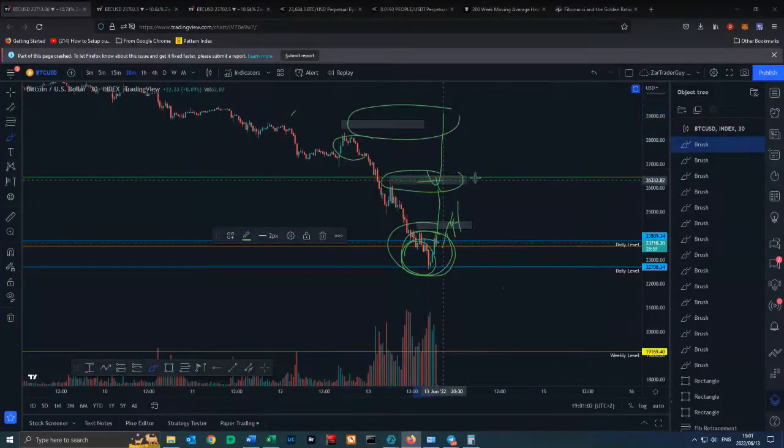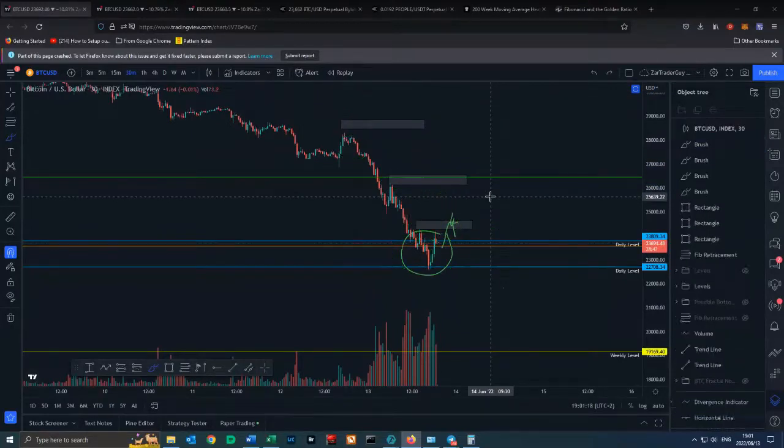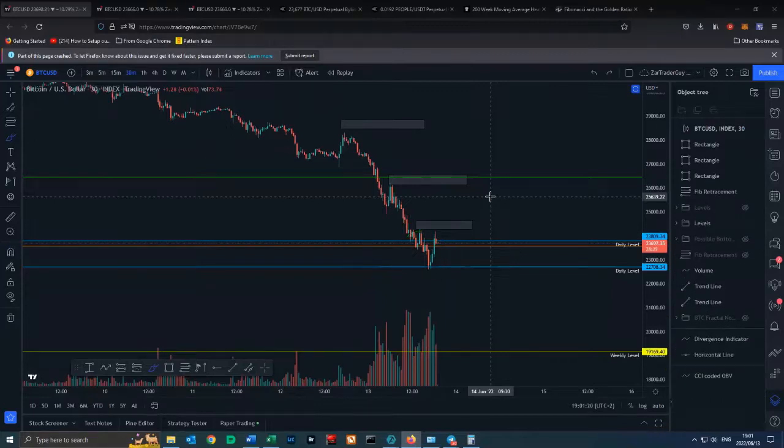So if we get to these areas and we don't see price moving through it, then we know that the sellers have absorbed that liquidity. So you've got to remember that a market is literally a two-way auction process. The buyers are looking for liquidity to buy, or coins to buy.